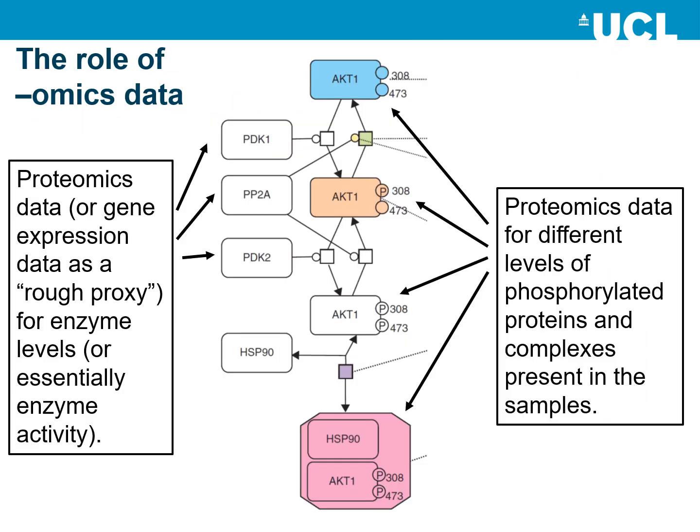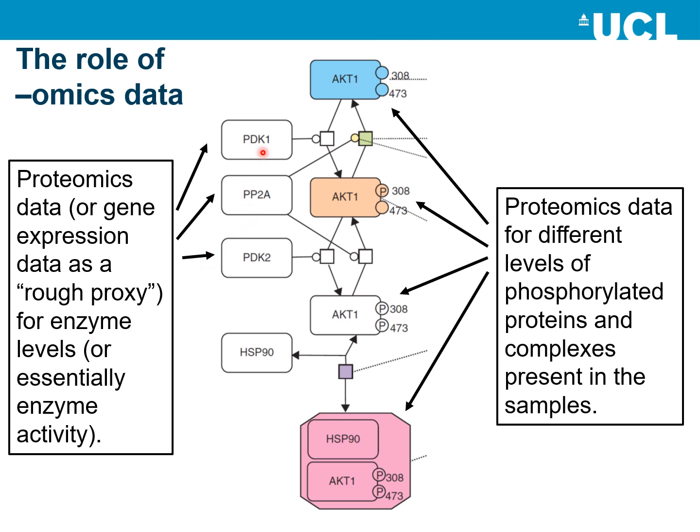And that analogy, in a sense, is what we want to use for understanding biological networks, for instance in cancer, by having an ontological representation of the pathway, and then proteomics data, or in this case potentially gene expression data, which is easier to obtain as a rough proxy for enzyme levels.